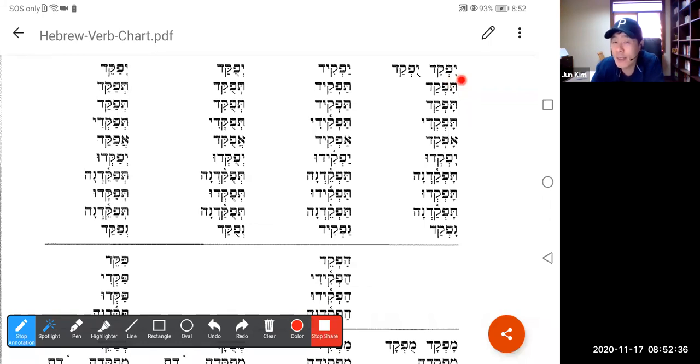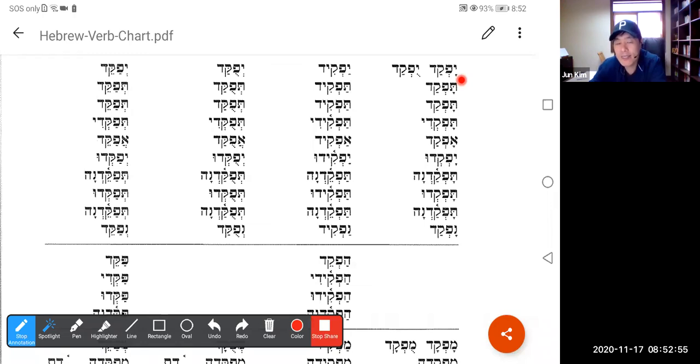Now, do you understand? So looking at kamets or kamets hatuf, if you see that this kamets is followed by shva, and then it's not a guttural, then that must be a special indicator of what? Hofal stem.